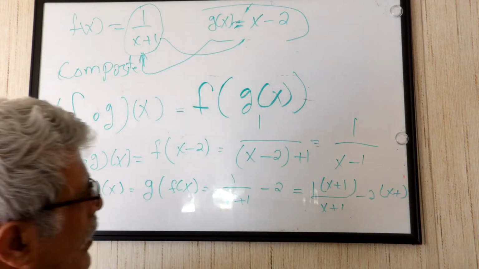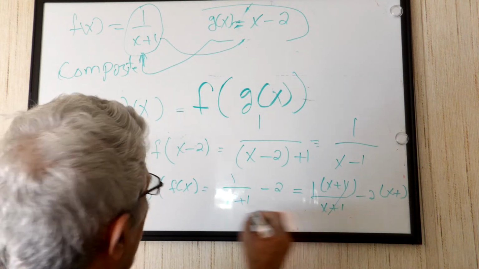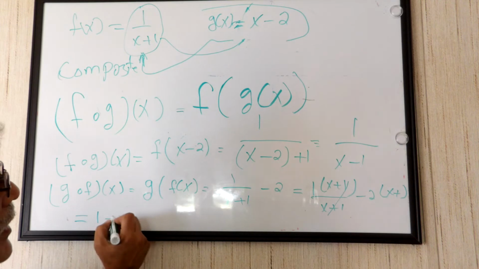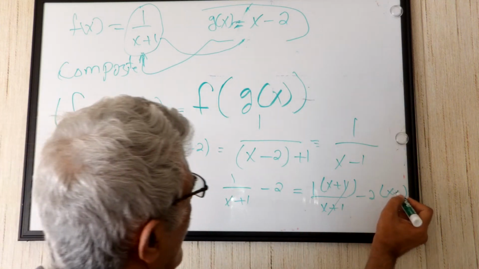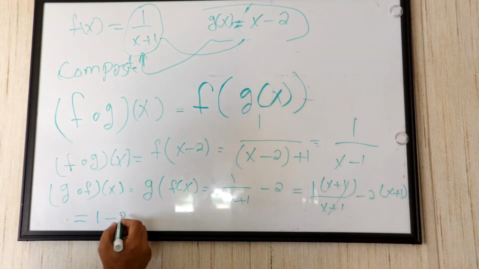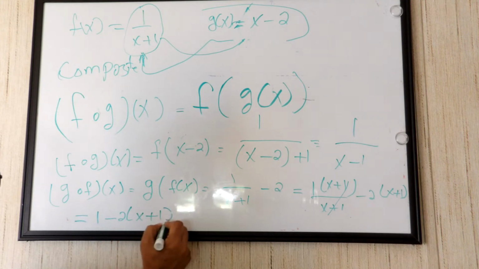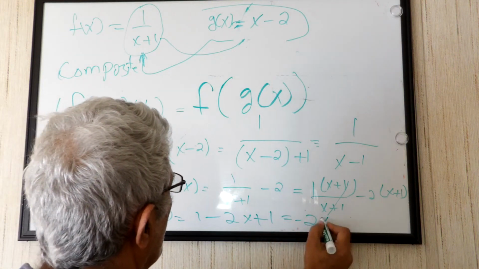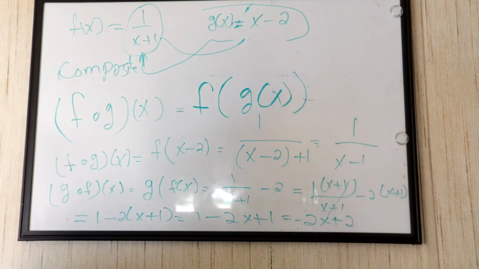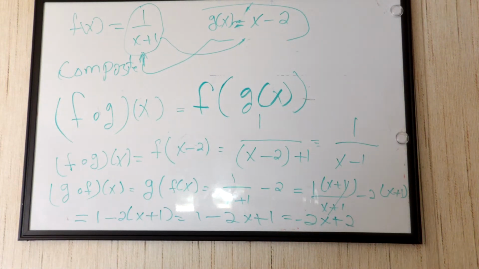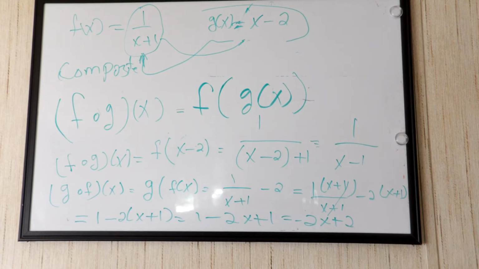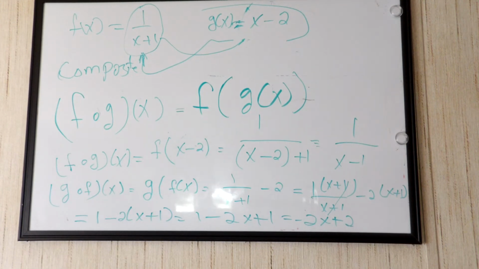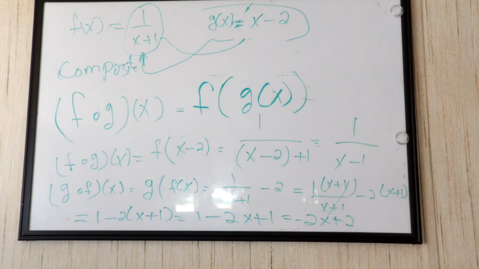So the x cancels out, 1 minus 2 is minus 1, over x plus 1. So this is about composite function.